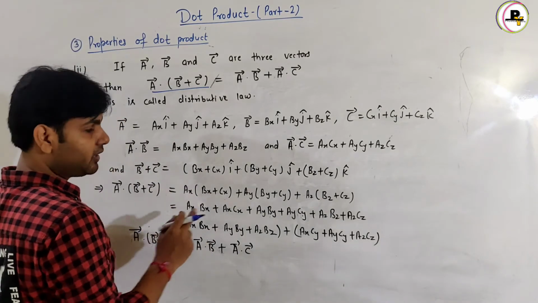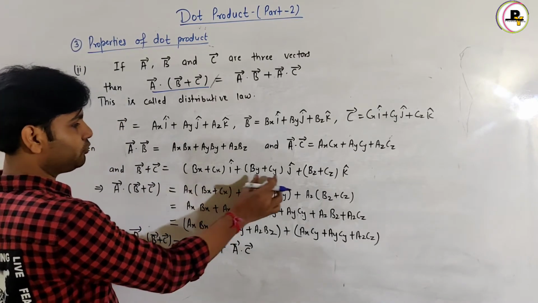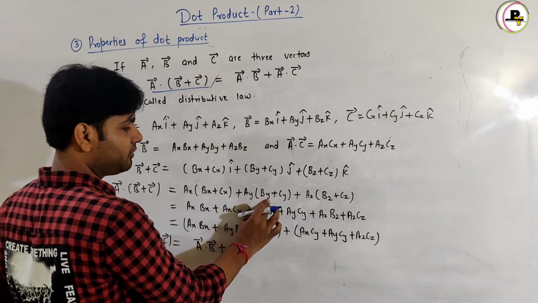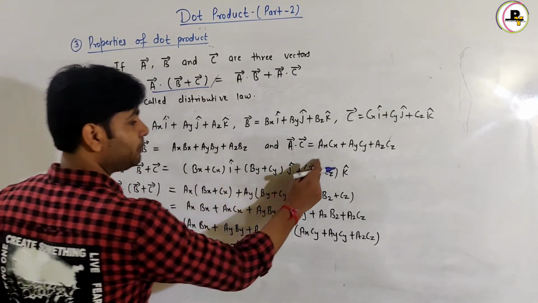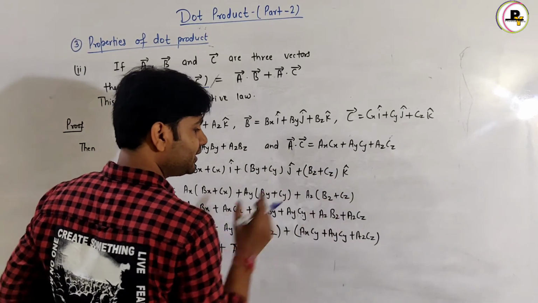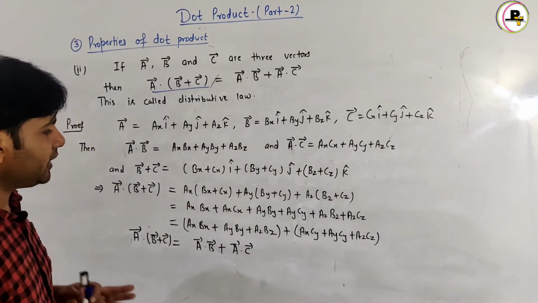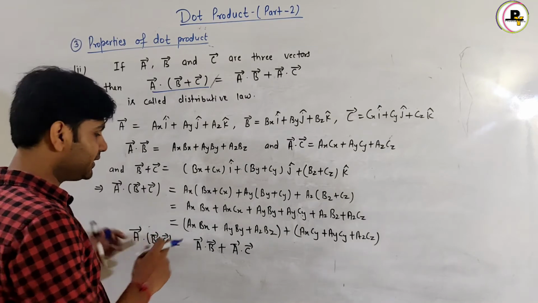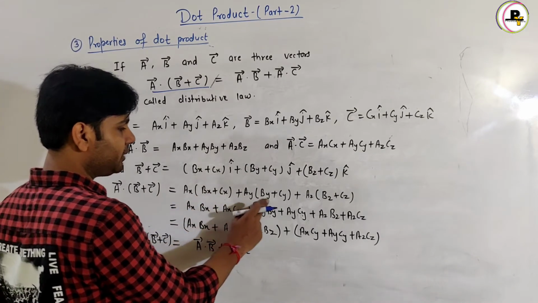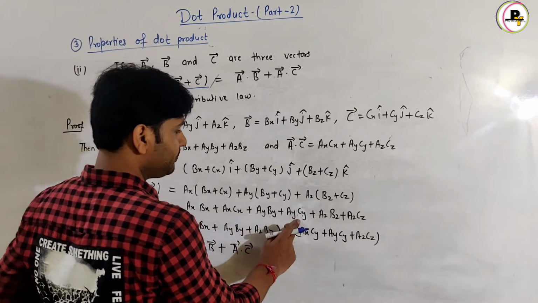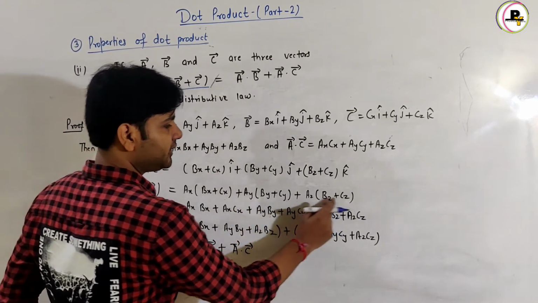Similarly ay and by, the coefficient of j cap, that is by plus cy, plus az, and for bz it will be this bracket, that is bz plus cz. If I multiply all the terms by opening the bracket, then I can write here ax bx plus ax cx plus ay by plus ay cy plus az bz plus az cz.